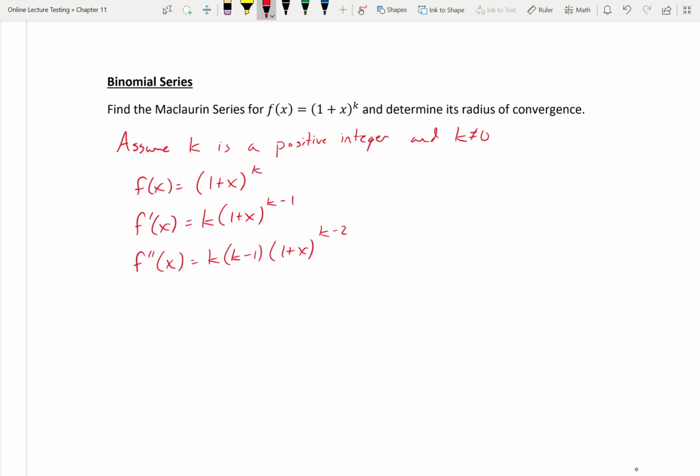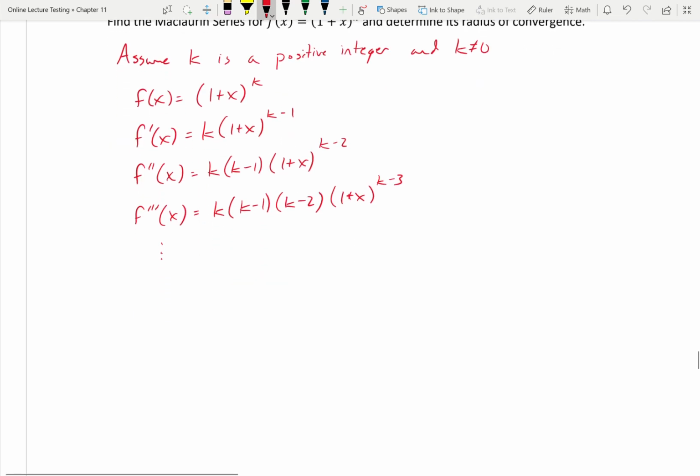And if we take the third derivative, again pulling these extra copies of k down, k minus 2 and 1 plus x to the k minus 3, and so forth, we start realizing how we're building our coefficients here. So the nth derivative of the function is equal to, and again, we're talking about a finite number of terms here. So it's a positive integer. That's the one big thing.